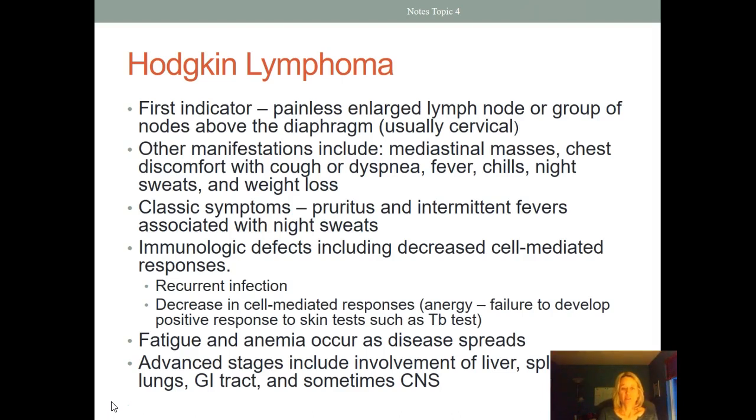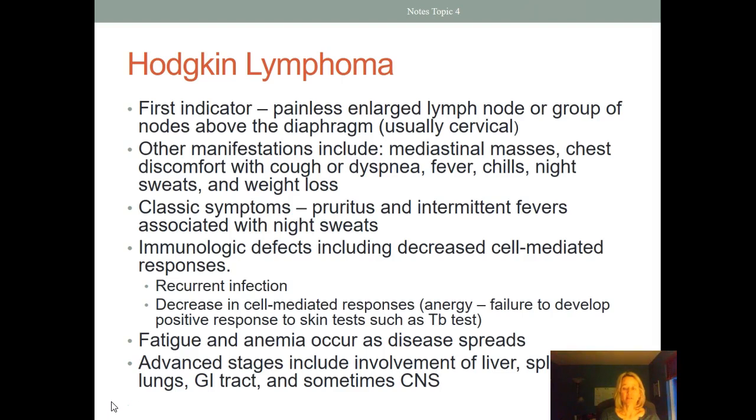Because of the decreased cell-mediated response due to decreased normal T cells, patients also have recurrent infections, and a decrease in cell-mediated responses called anergy, which is failure to develop a positive response to a skin test, such as the TB test, which you remember is mediated by a type 4 hypersensitivity reaction.